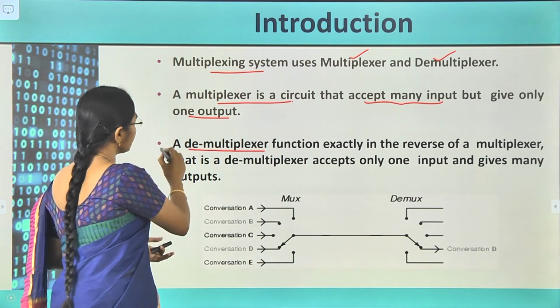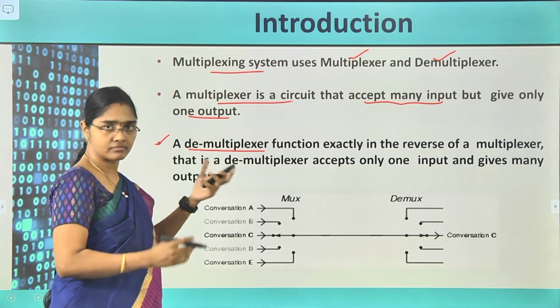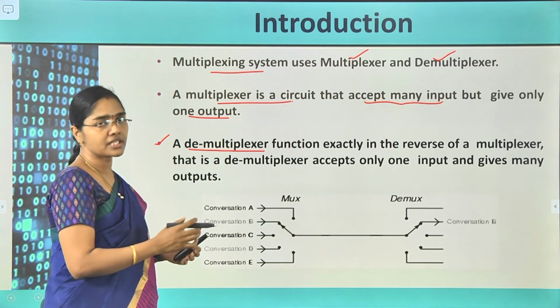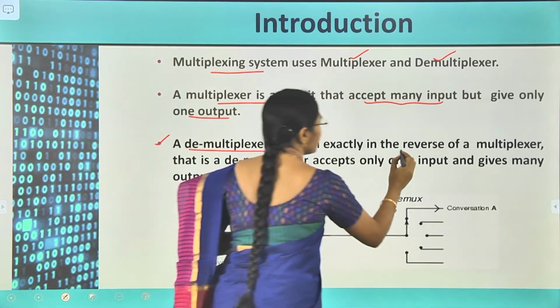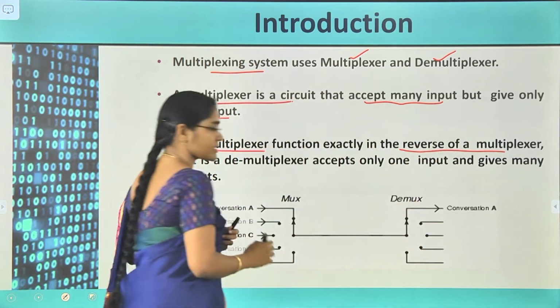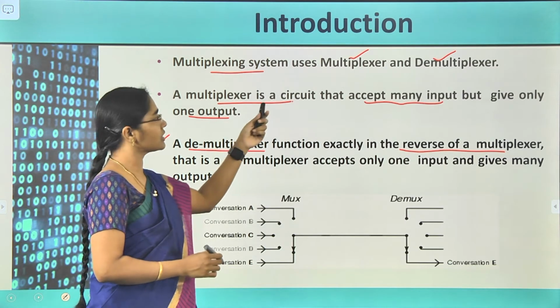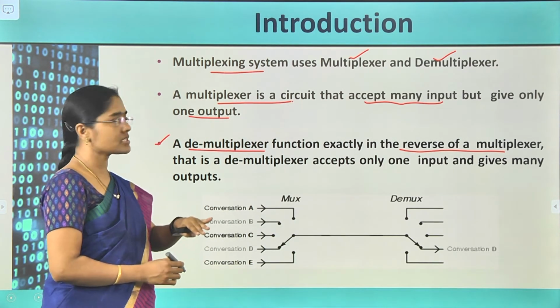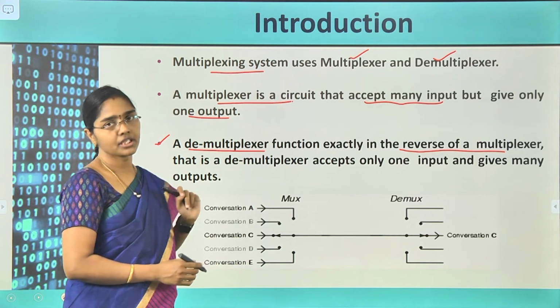demultiplexer. This demultiplexer is a circuit which performs the exact opposite function of the multiplexer, and that means it is the reverse of the multiplexer. What is the multiplexer doing? Taking many inputs and giving one output. So the opposite of that is nothing but one input and many outputs.